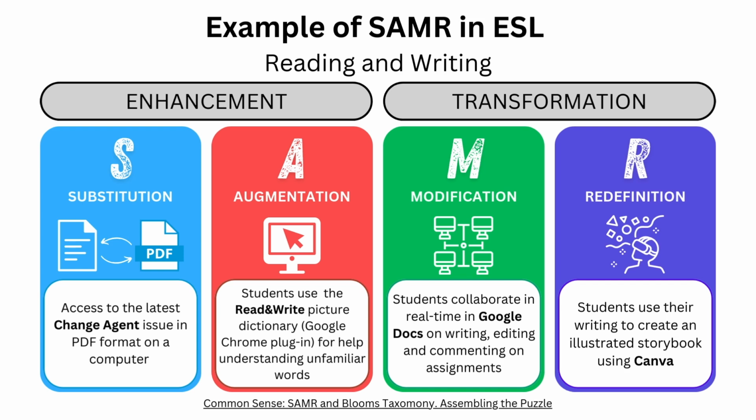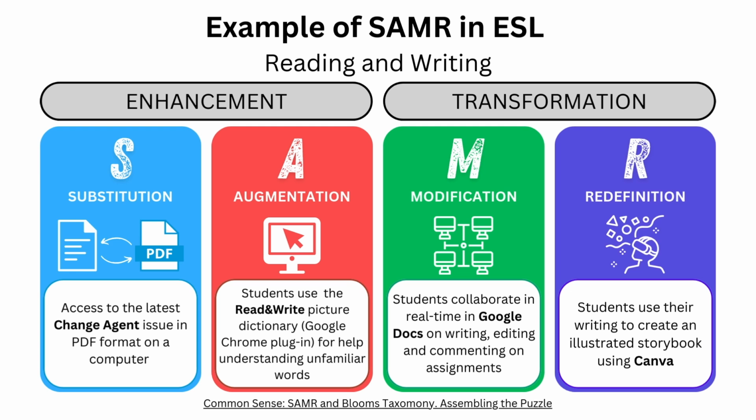We have created several different examples of how the SAMR model might fit into different subject areas. For example, in ESL reading and writing lessons, substitution might look like access to the latest change agent issue in a PDF format on the computer.